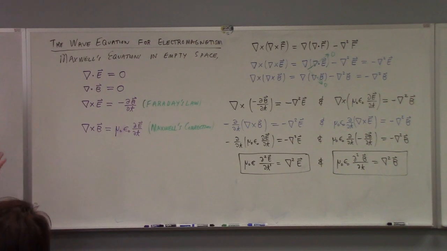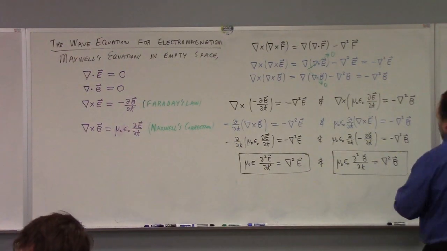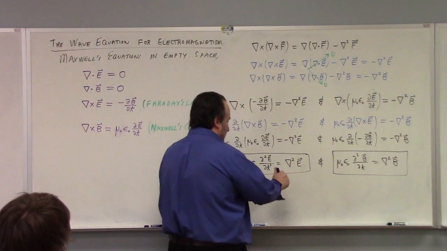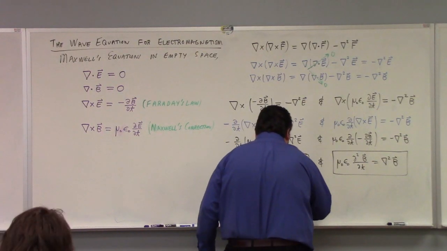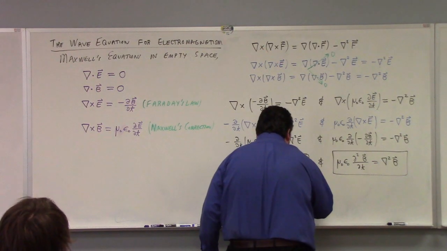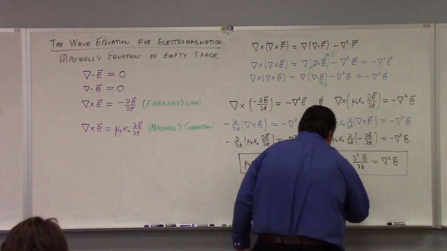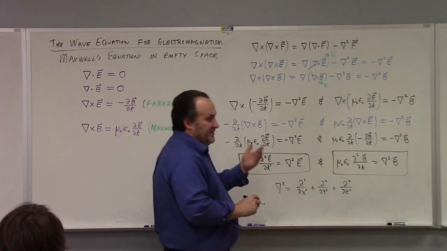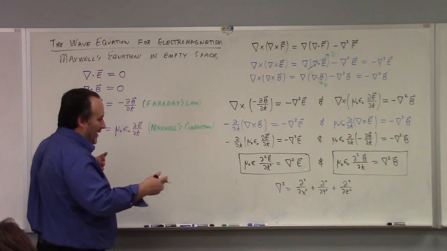Okay, so give me a second here. First of all, these are vector equations. You have to understand that nabla squared means partial x squared plus partial y squared, in Cartesians at least. So it's the sum of the second partials.